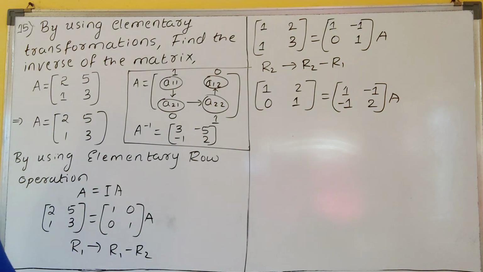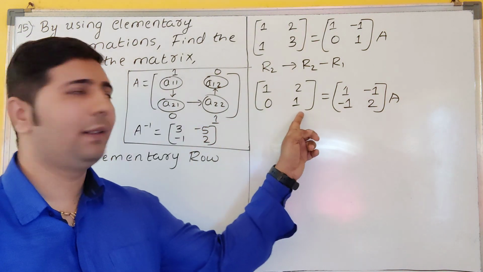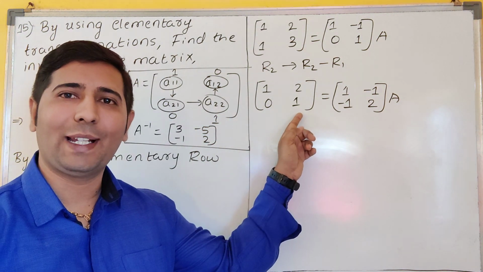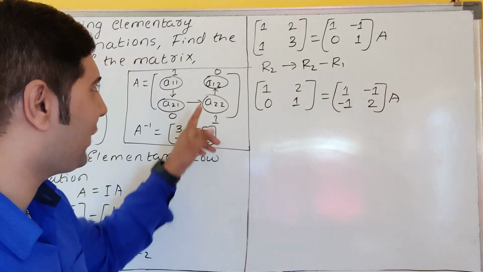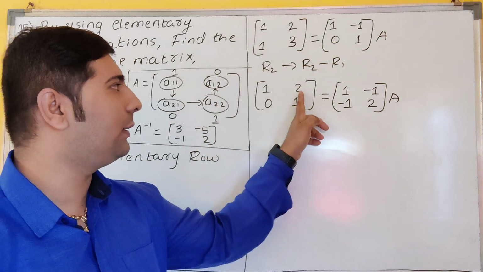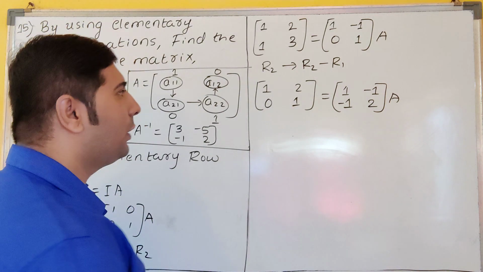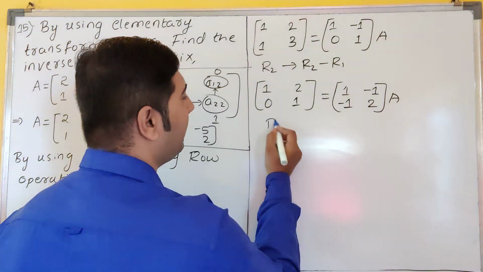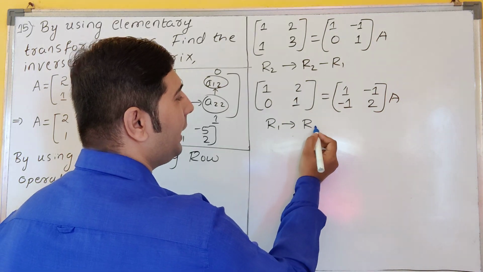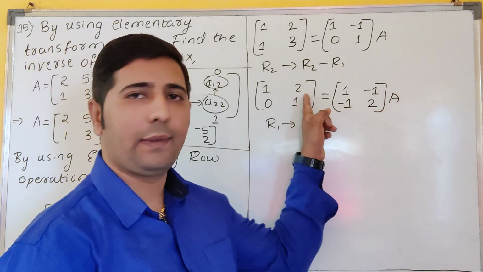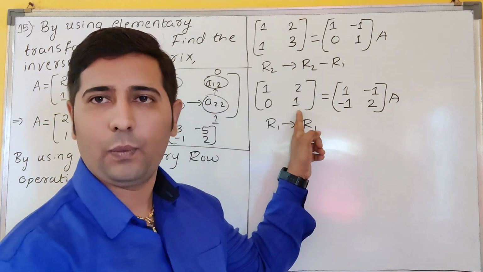Now, how to make this 1? We are lucky, I think. We got again 1 here. No need of doing any operation. Next we have to move on. This you have to make 0. So now which row is it? R1. R1 is 2. R2 is 1.